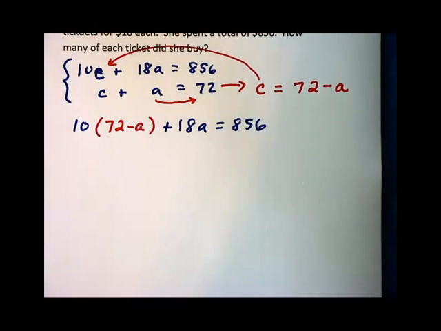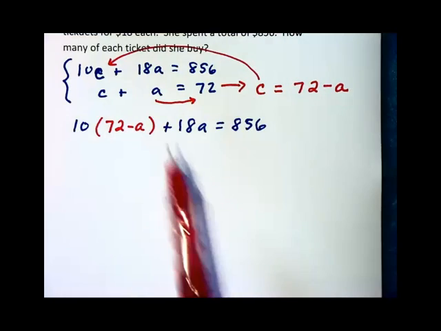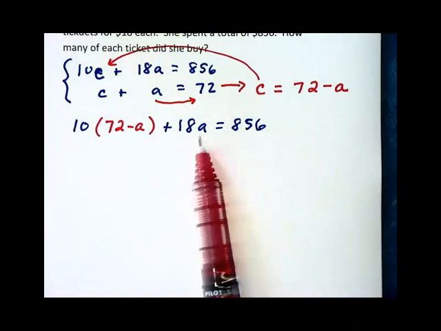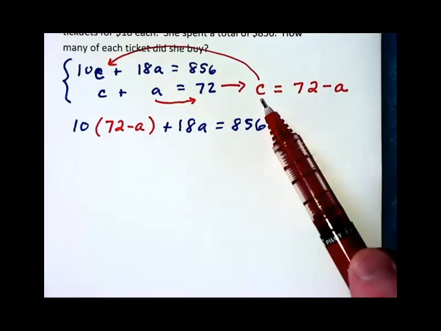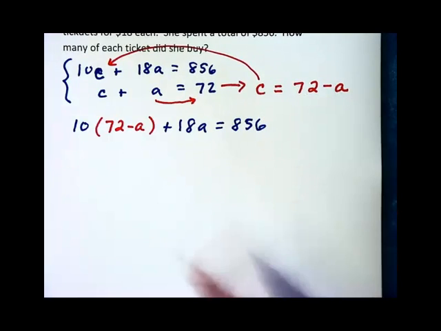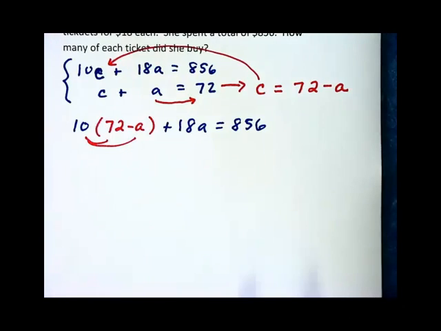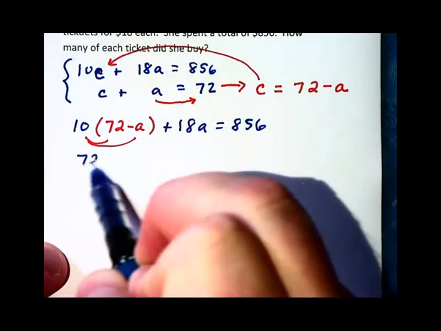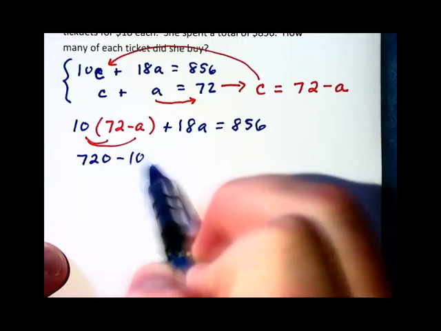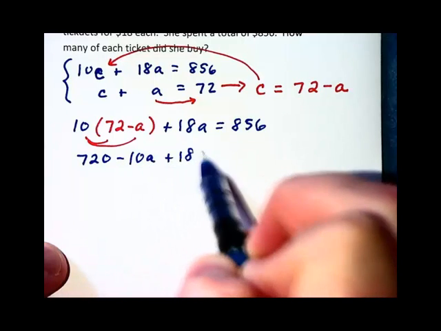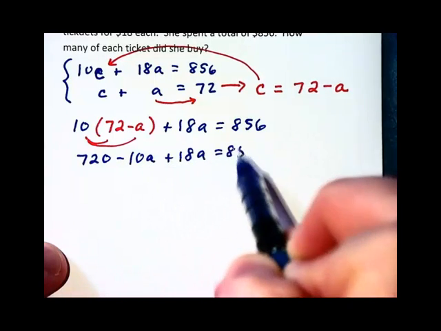Okay, so now I have one equation. Notice there's only one variable in it because we've substituted out C for the 72 minus A. Now we're going to do some distribution and finish solving this equation. We're going to have 720 minus 10A plus 18A equals 856.